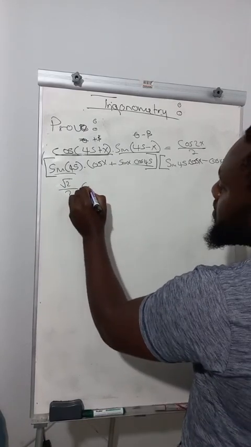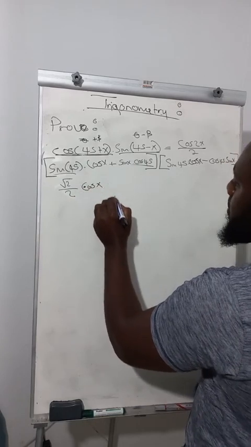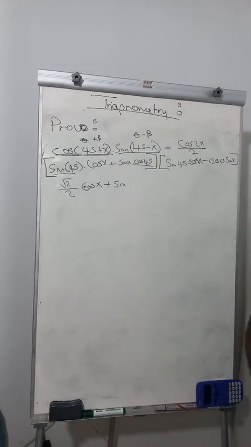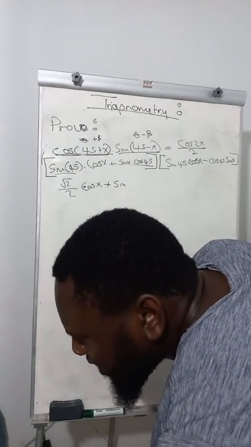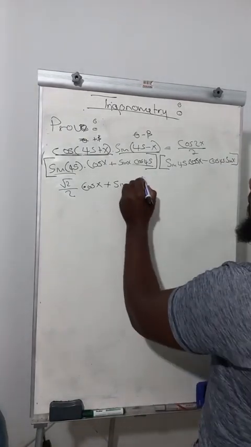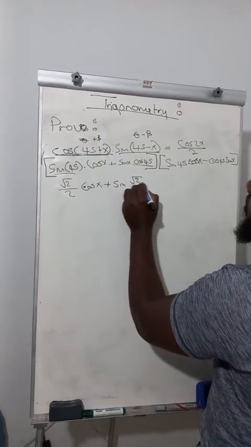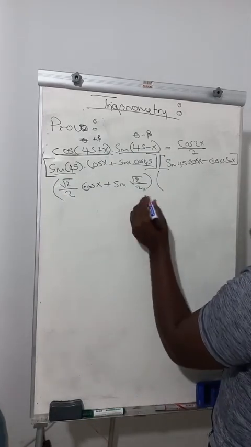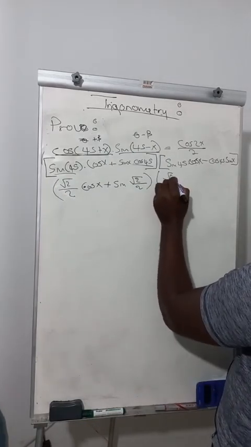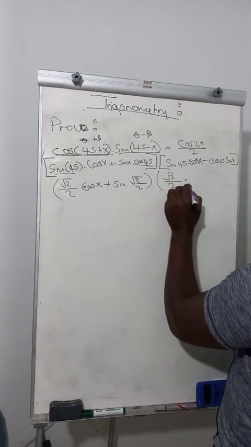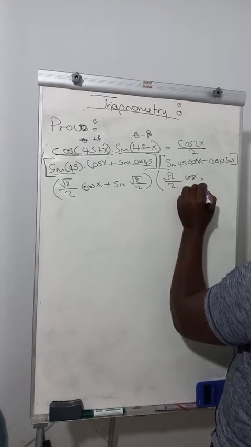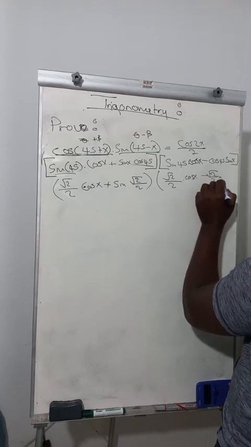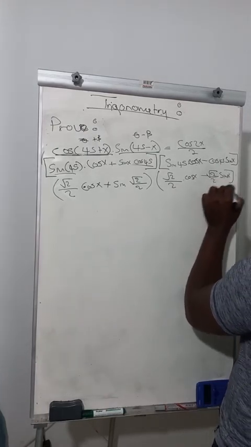Here it will still be saying cos x, and then plus sine x and then cos 45. Cos 45 is the same as sine 45, which is the square root of 2 divided by 2. Then sine 45, square root of 2 divided by 2, multiplied by cos x, minus square root of 2 divided by 2 multiplied by sine x.